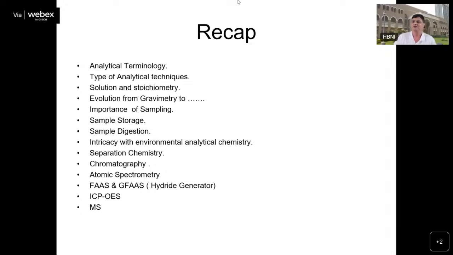In this we can use the emission lines of both the atoms as well as the ions. That's why this question comes up many times: earlier people used ICP-AES, but now we use the term OES, because it means we have the provision of detecting emission lines from both the atoms and the ions, and how the atoms have been produced from a matrix, either solid or liquid. We have seen this also during this course of lectures.